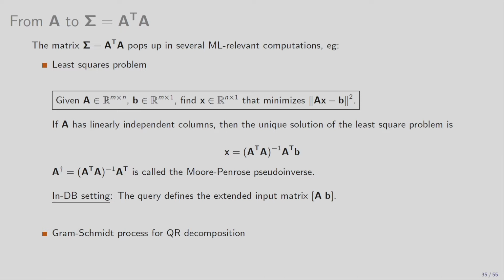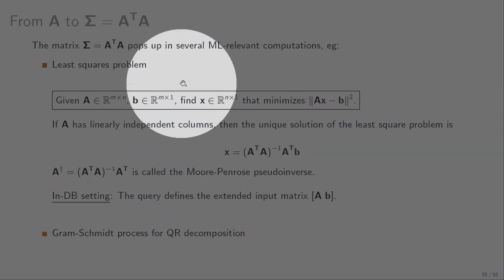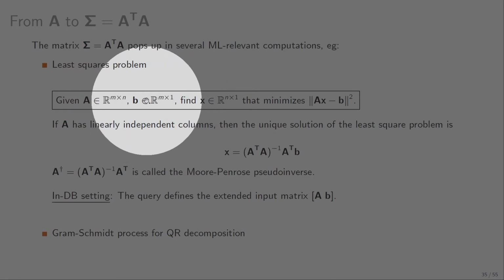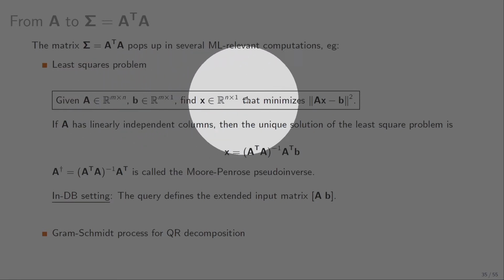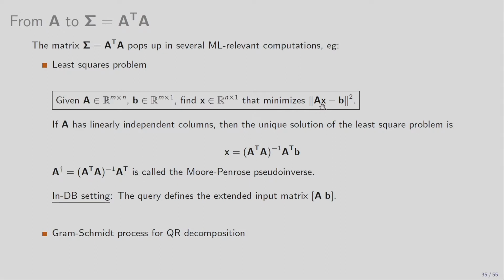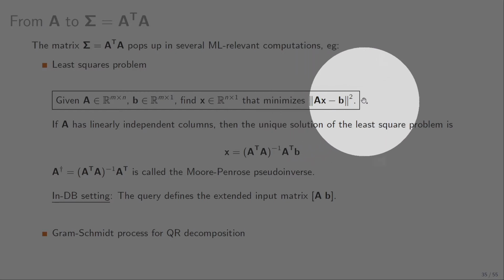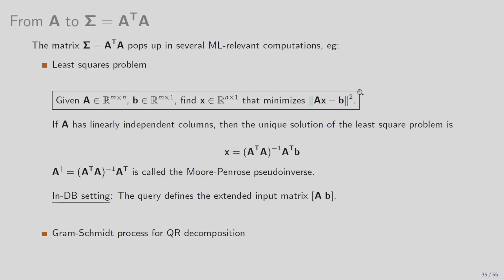So this matrix A is interesting. It appears in a number of machine learning relevant computations. For instance, for least squares problems, we just saw that if we are given A and a vector B, we'd like to find X that minimizes this optimization function: you take A times X minus B, and you take the square of the norm.